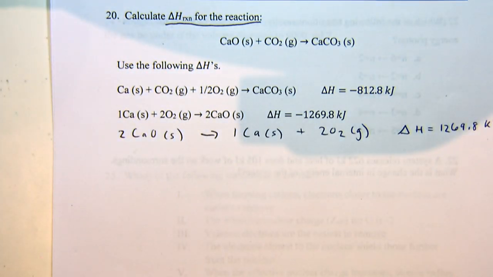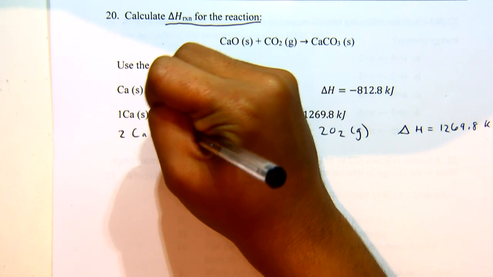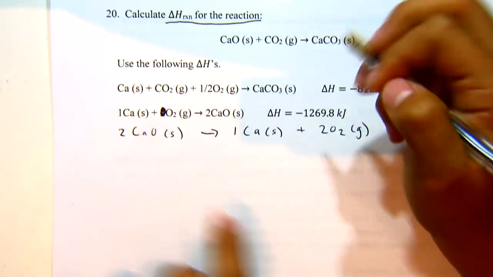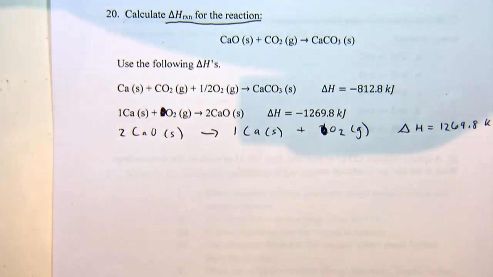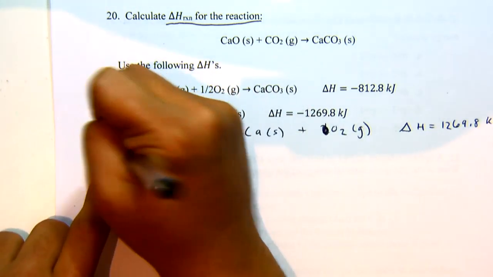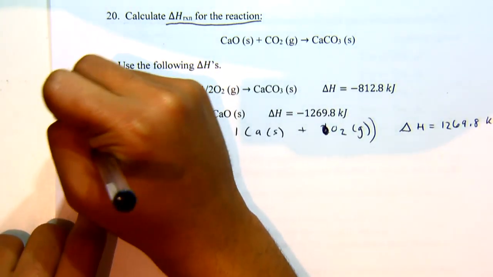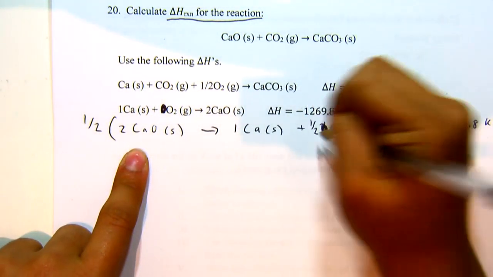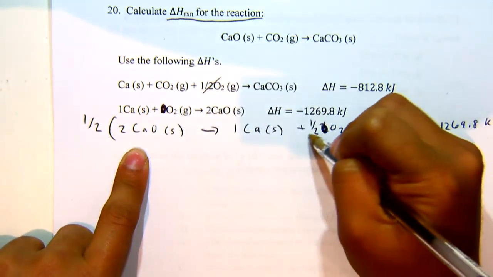Does anybody have any ideas of what you can multiply that by to cancel it out? Actually, this oxygen is not going to be 2, it's only going to be like this. Because of that, the simplest way to get rid of this is to multiply it by 1/2. If you multiply this by 1/2, that gives you 1/2 O2. These would cancel out.